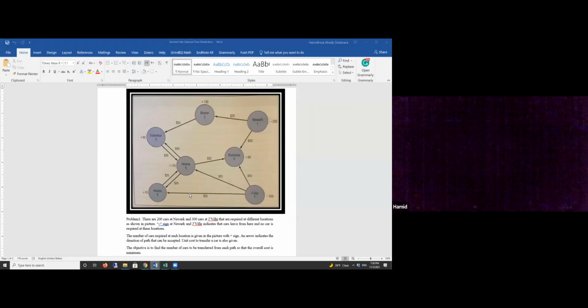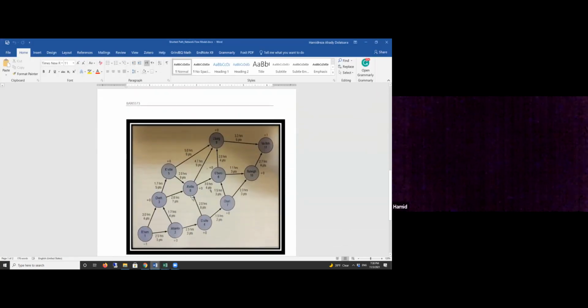Okay, good. So let's look at the second transportation problem. We have a network of cities. You have to travel from Birmingham, or BHAM, to Virginia Beach. Your task is to follow the shortest time path.